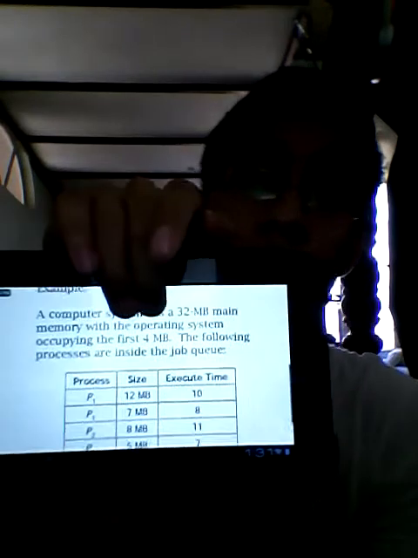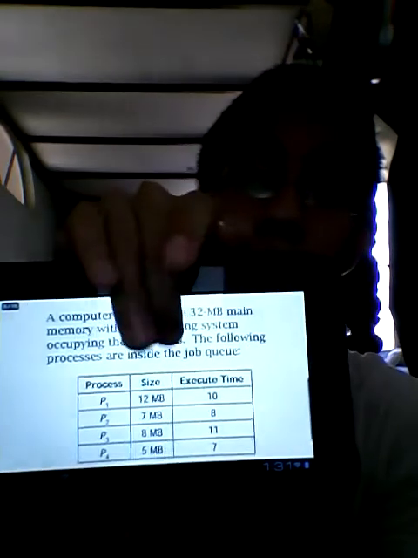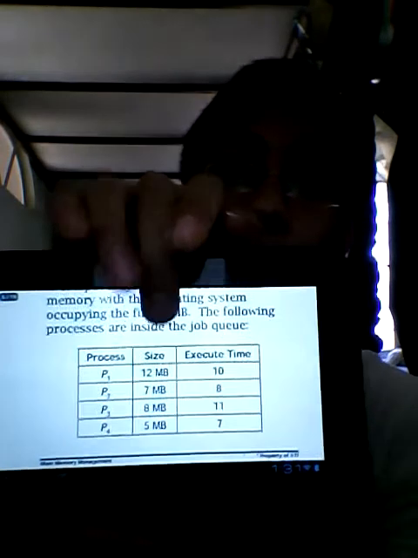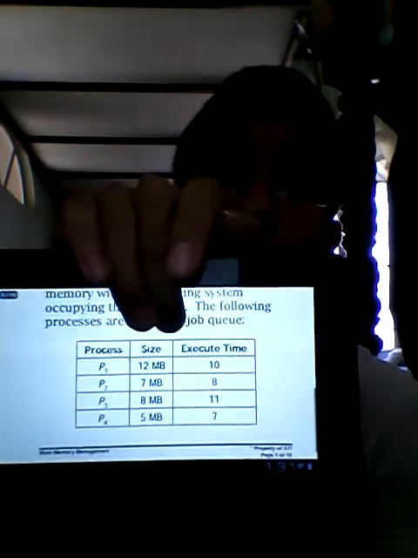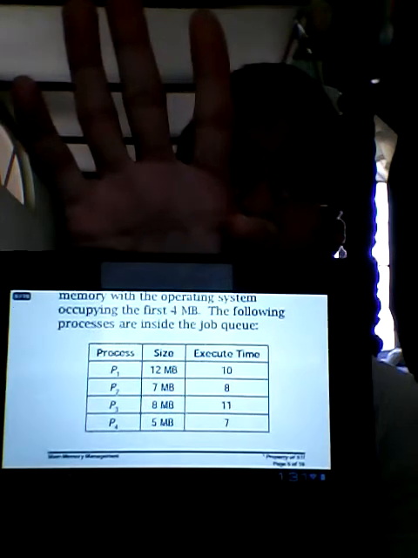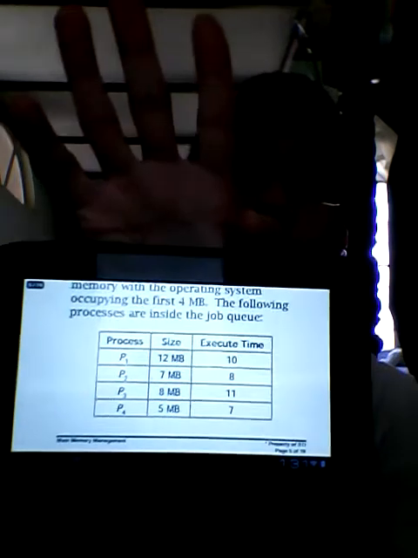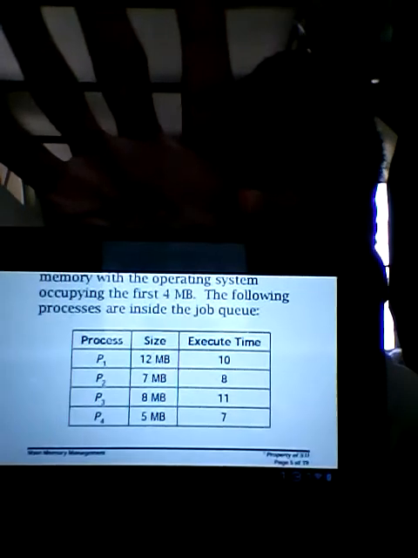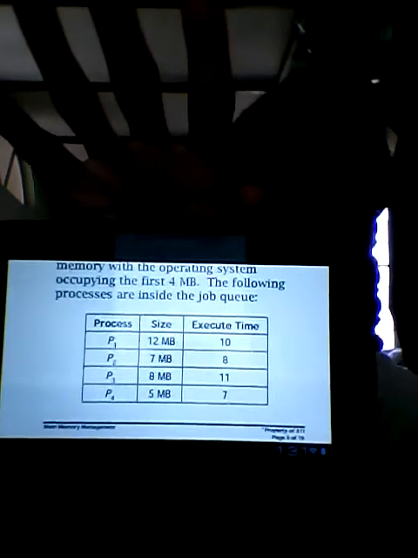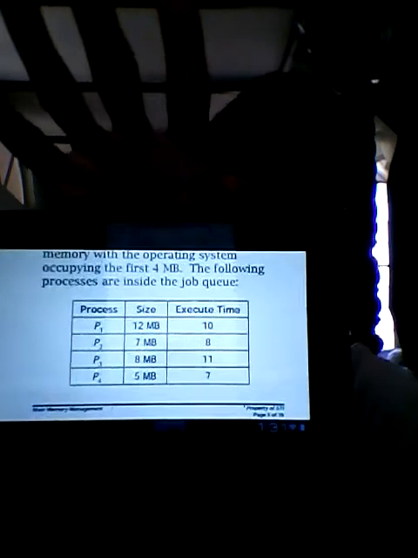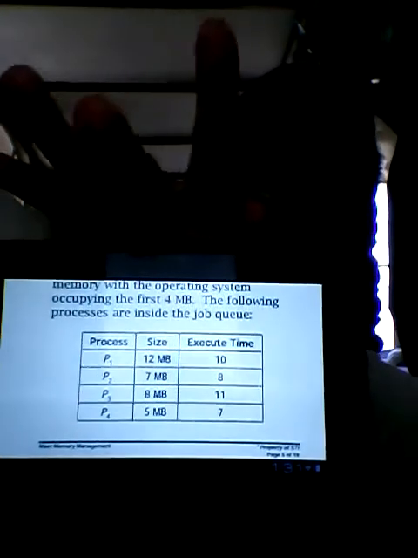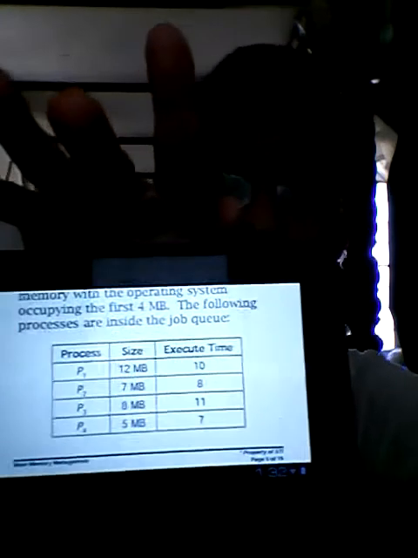So this is the example of variable partitioning. We have the process size and execute time. The processes are P1, P2, P3, and P4. The sizes are 12 MB, 7 MB, 8 MB, and 5 MB, and the execute times are 10, 8, 11, and 7. So P1 is 12 MB with execute time 10.